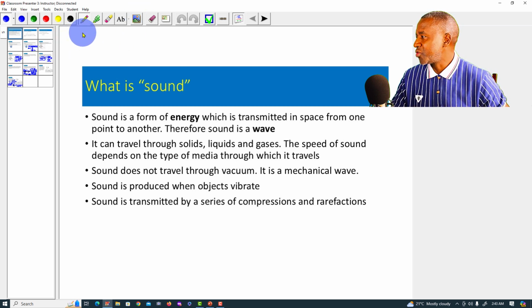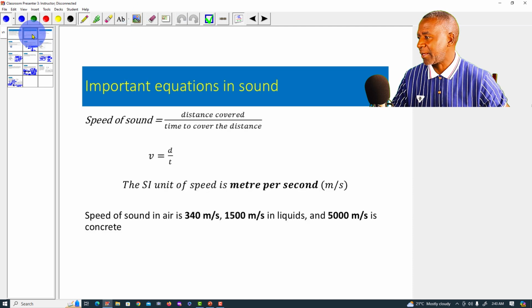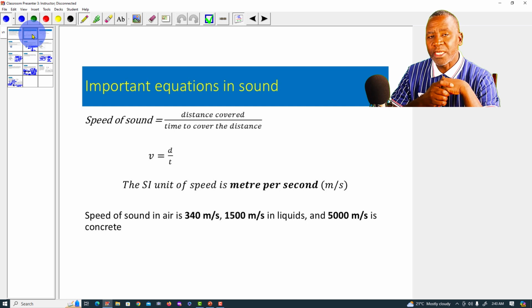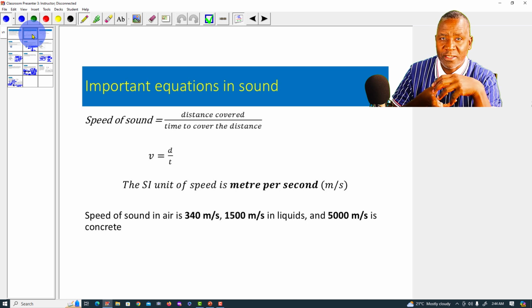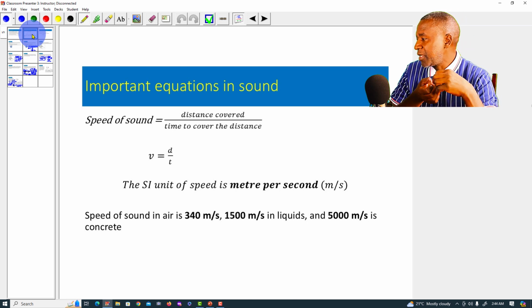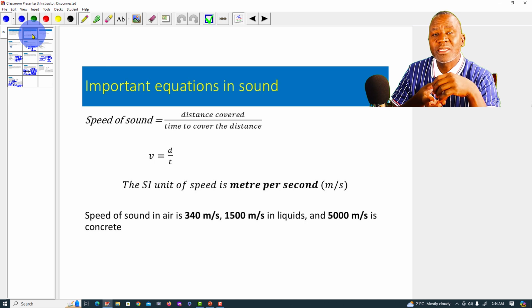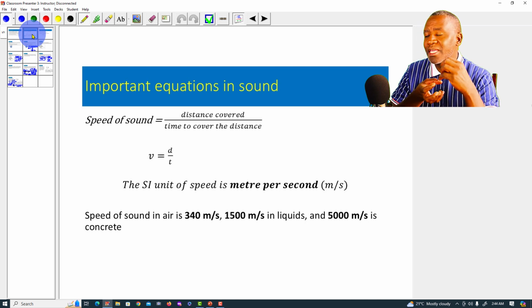What other points do we need to consider when we are looking at this particular topic? The first one is the speed of an object, and therefore the speed of a sound. Speed is the rate at which an object covers a particular distance. Okay? And therefore, speed of sound will be the distance covered by the sound divided by the time taken to cover that distance.